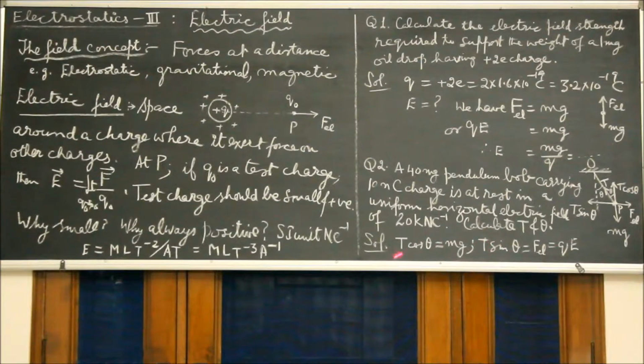You can divide these two equations to get tan theta equal to mg over qE, which gives you value of theta, and substituting value of theta, or you can square and add to get the value of the tension in the string.